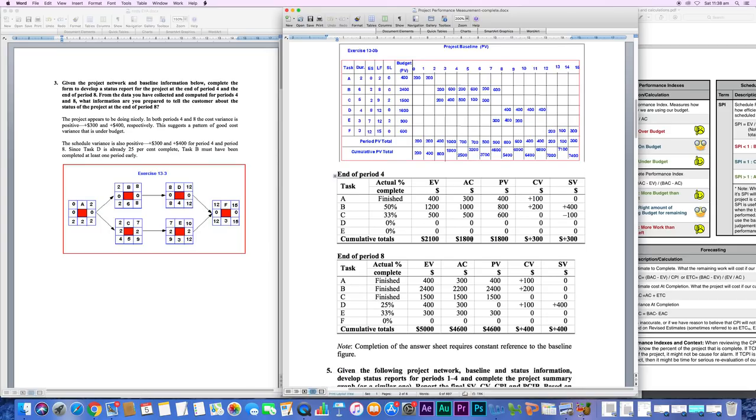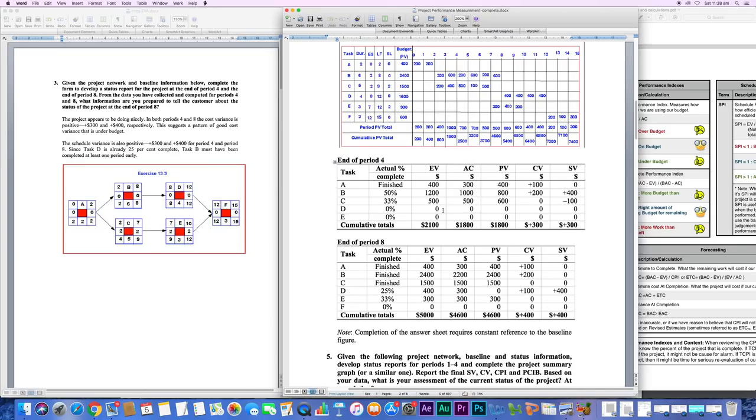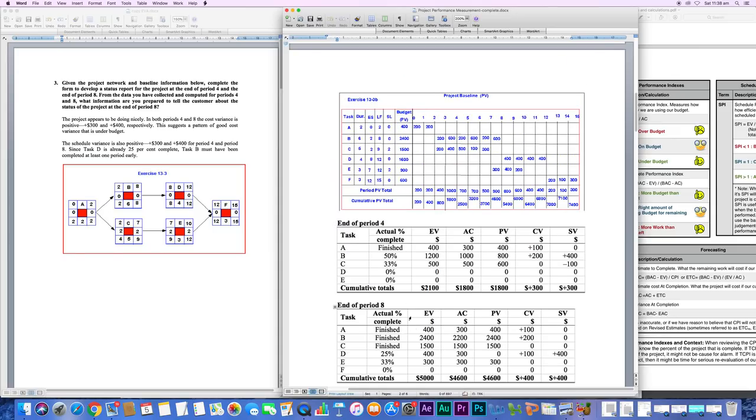So that's something that's always given in the table, this actual cost. And also actual percent complete. That's something you don't know. It has to be provided to you. So the percentage complete for every activity is always filled in the table.